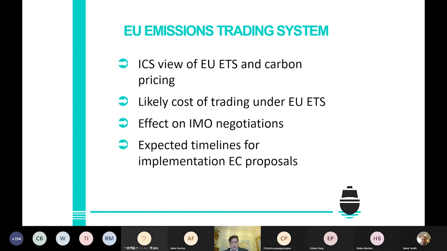I've already mentioned how we are really concerned that this unilateral proposal is going to undermine the IMO negotiations. And above all, it's a distraction, because IMO does now have a plan to develop market-based measures. Interests such as ourselves and also the Pacific Island states have come up with very detailed proposals now for how a global fuel levy system might work.